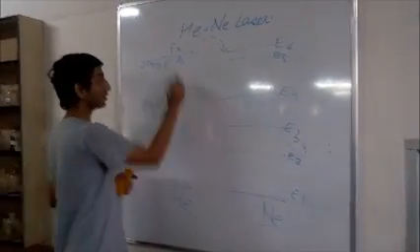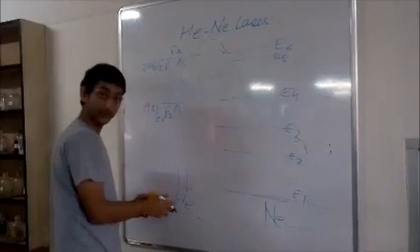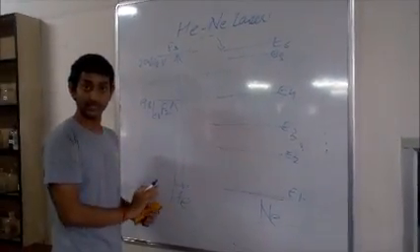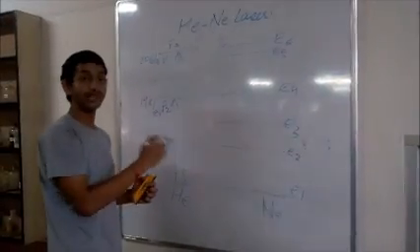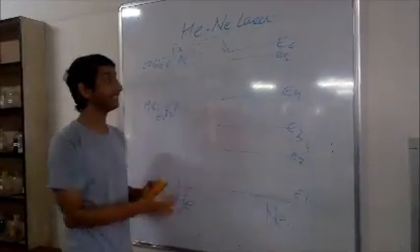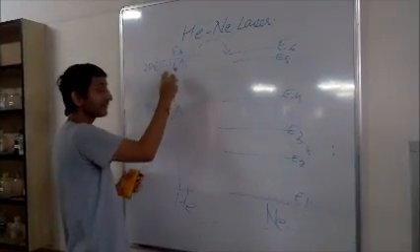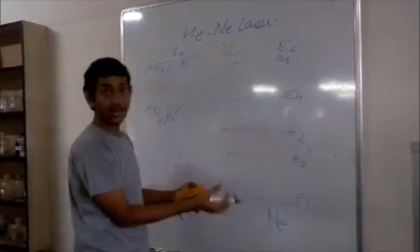These two are metastable states of helium. The helium atom can't return to the ground state, because there is no spontaneous or radiative emission in this process. So it transfers its energy to the neon atom.